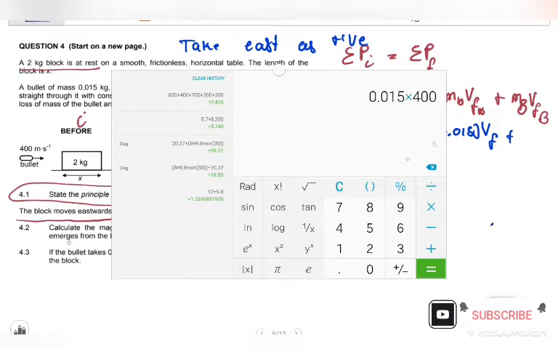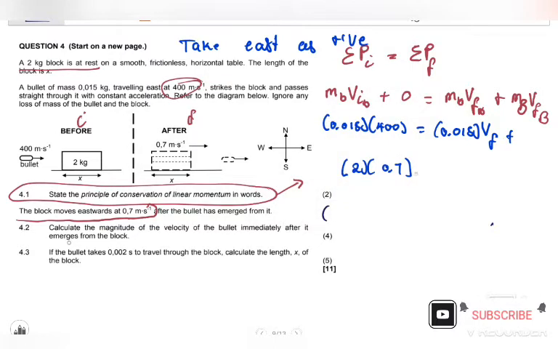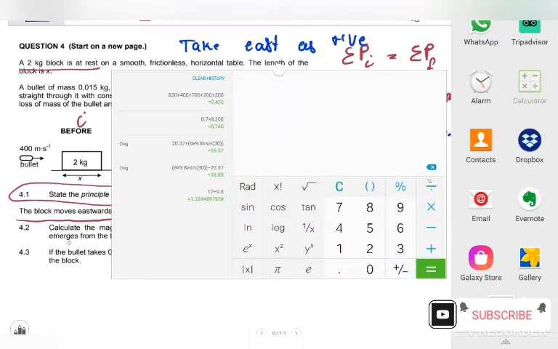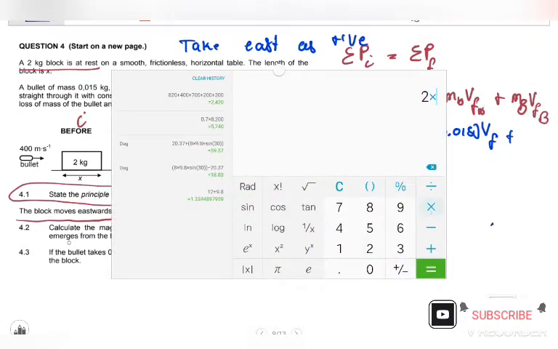So you have 6 on this side, and then this is 2 times 0.7. Let's bring our calculator again. 2 times 0.7 is 1.4.